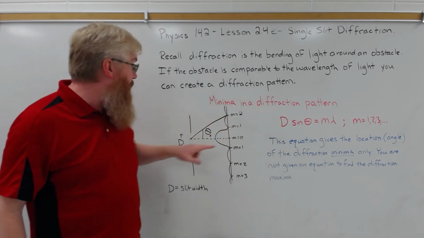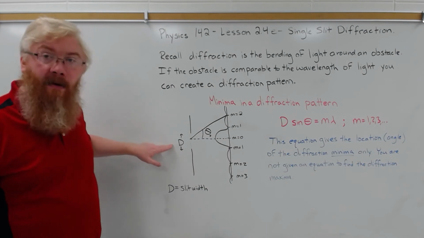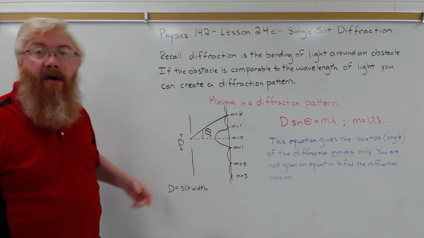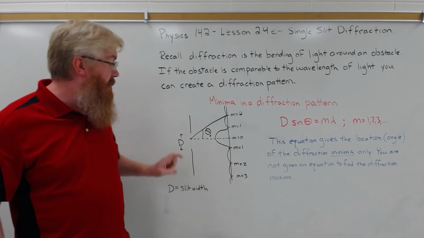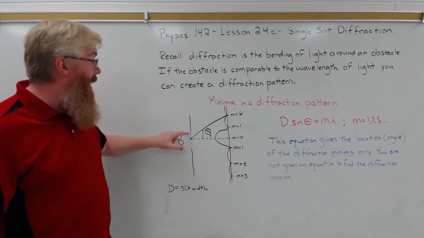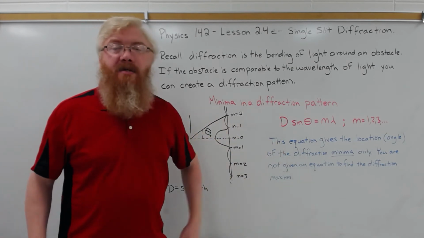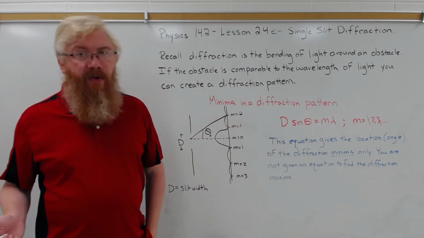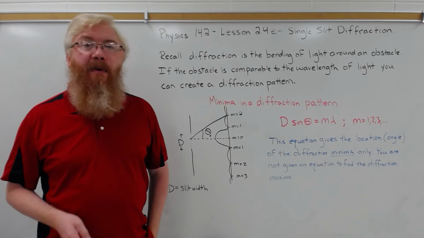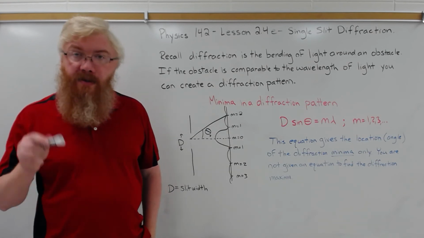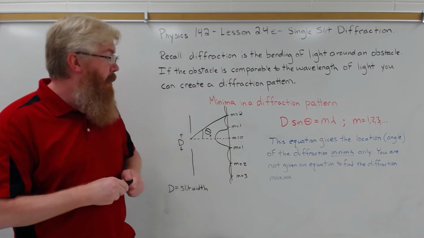Here, this capital D is the slit width. Remember, we only have one slit here, so there's no separation between two slits. There's a single slit. We need to know how big is that slit. That's capital D. So they both use D's, which is confusing. One is lowercase, one is capital. So it's important in your notes to keep those clear.